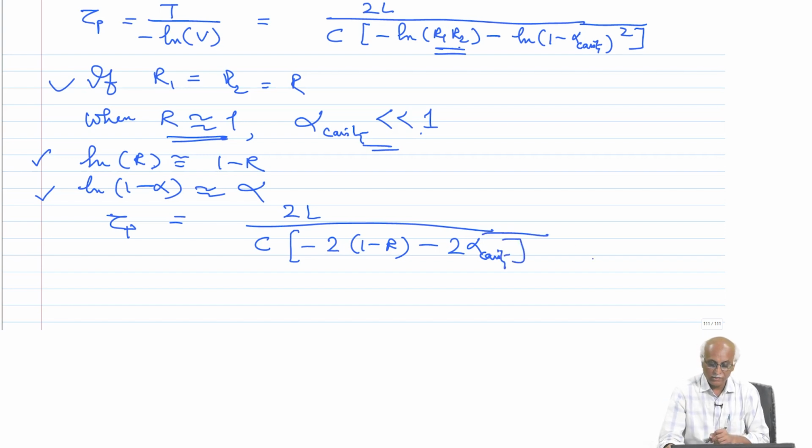Okay, this will be the answer. Now alpha of the cavity is nothing but alpha into L, remember.